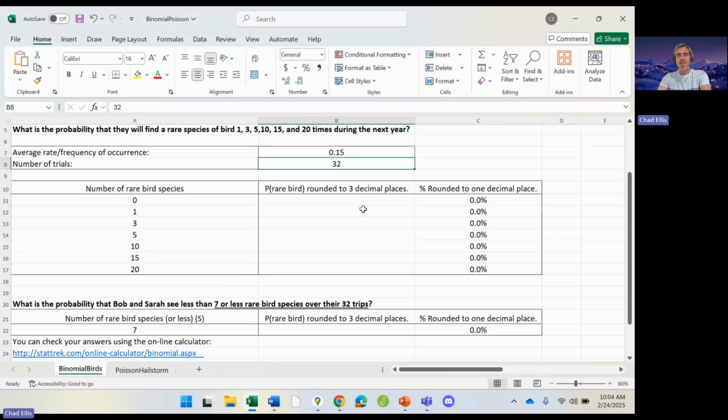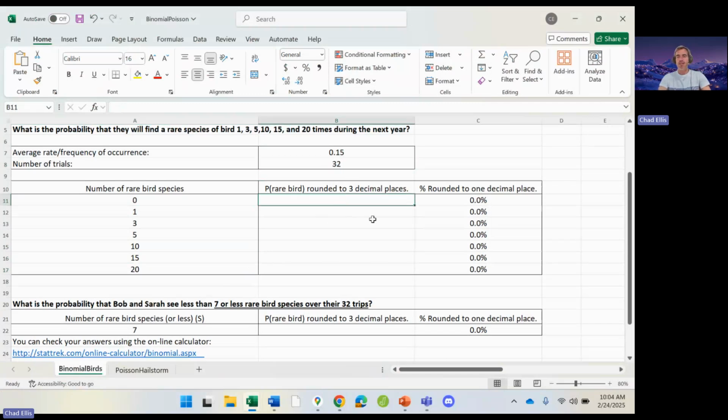So what you're going to be doing in this spreadsheet is using the Excel binomial expression to determine the probability of these ornithologists going out and seeing no rare bird species, or 1, 3, 10, 15, or 20 rare bird species, over the 32 times they go out.